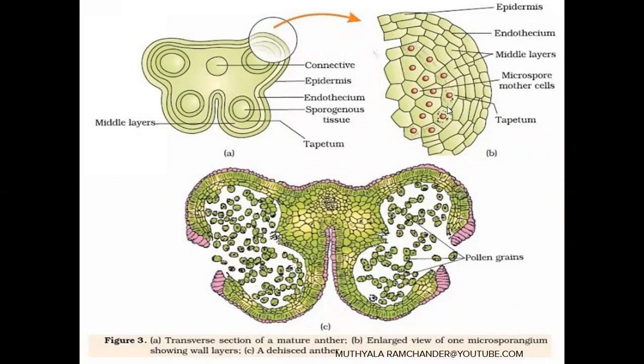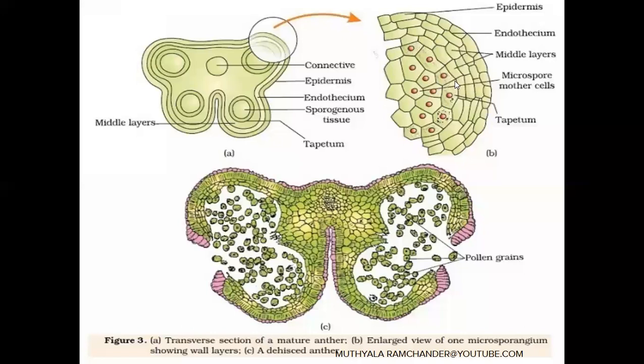The other tapetum is amoeboid tapetum. Amoeboid tapetum cells are without a cell wall. Around the tapetum cells, the cell wall is absent. Such tapetum cells are called amoeboid tapetum.